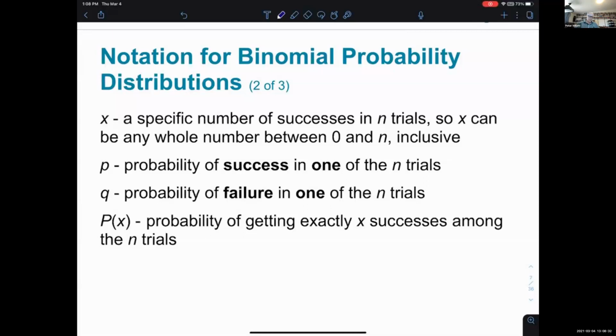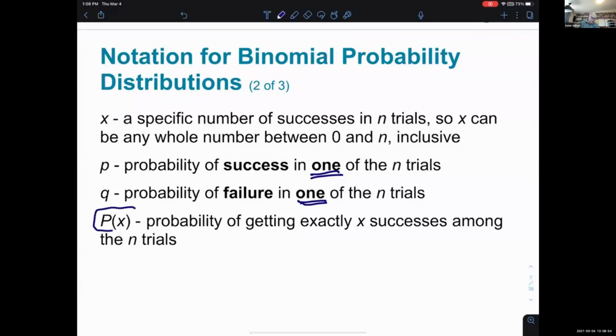P is the probability of success in one of the N trials. In the case of my coin that's more likely to get heads, maybe 80% that I get heads. Q is the probability of a failure in one trial. So if it's an 80% success chance, it's a 20% failure chance.